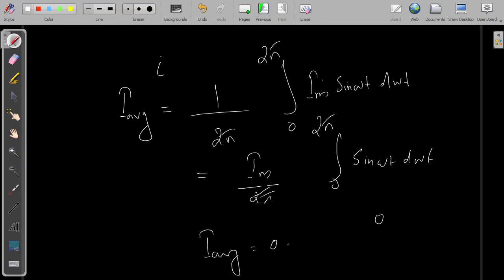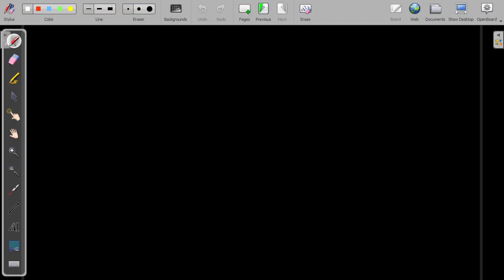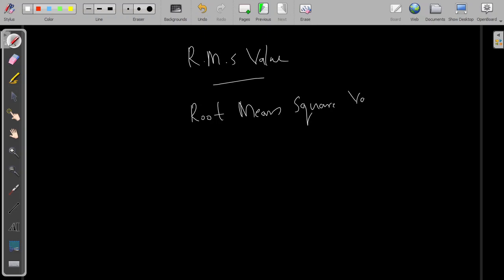Now we are going to discuss the next value, that is RMS or effective value. RMS value means root mean square value.